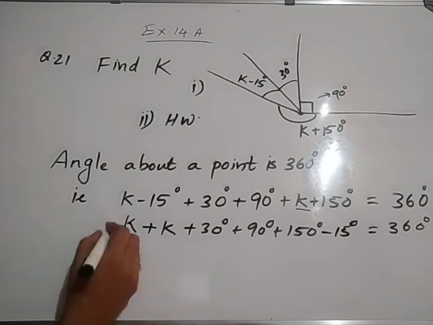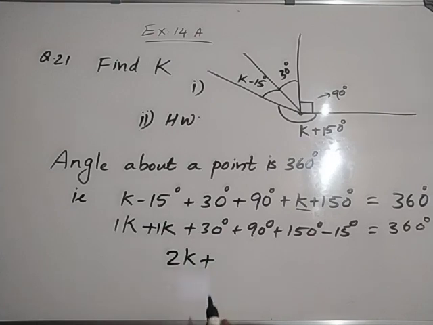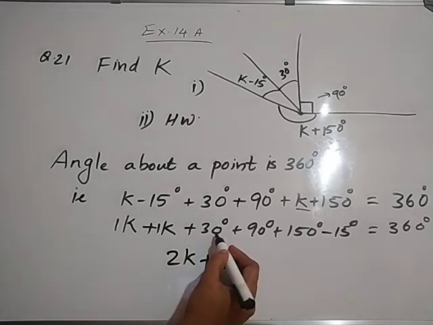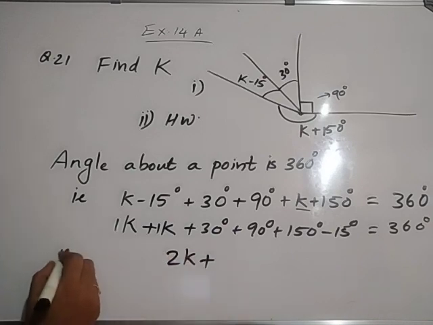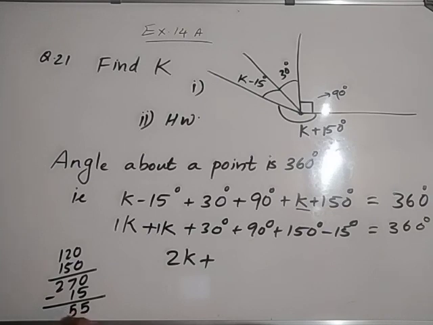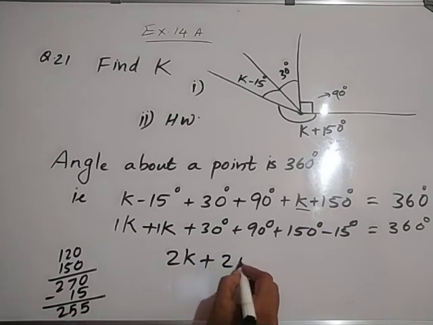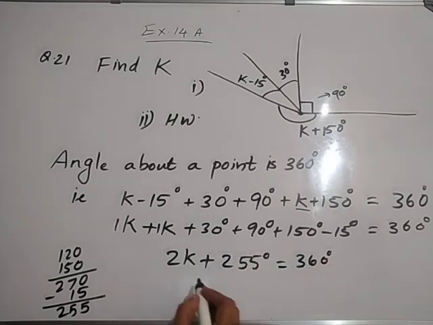What is k plus k? That is 1k plus 1k, 2k plus. Add these values. 90 plus 30, 120. 120 plus 150, 270 minus 15, 255 degrees is equal to 360 degrees.